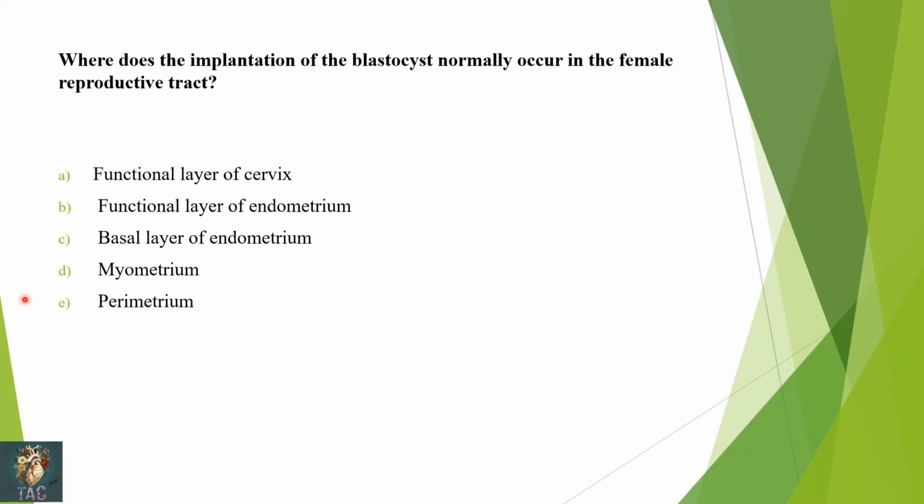The functional layer of the cervix, the functional layer of the endometrium, also called stratum functionalis, the stratum basalis of the endometrium, myometrium, or perimetrium. This is the functional layer of the endometrium where implantation usually takes place, and this is the correct option.